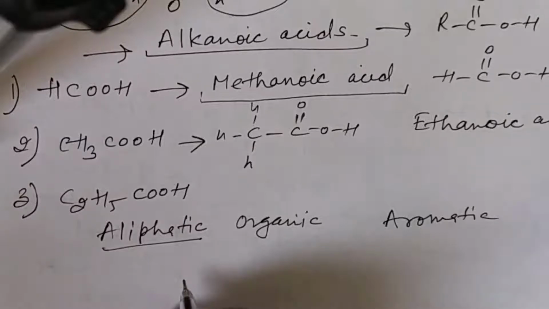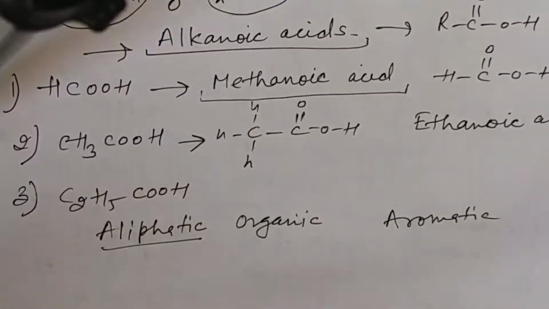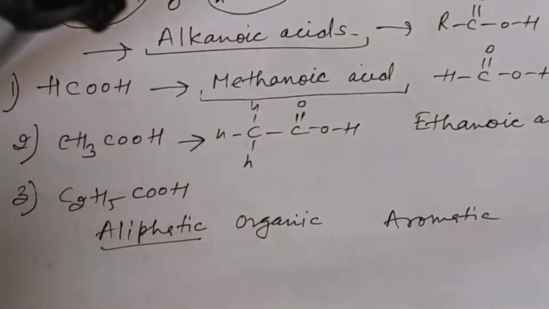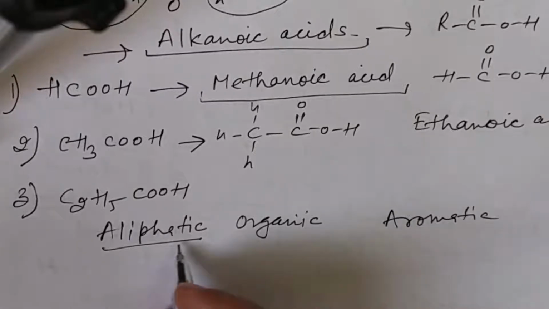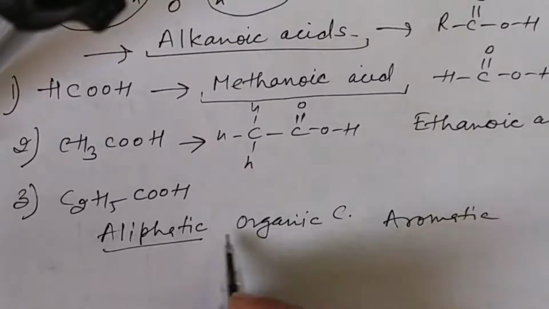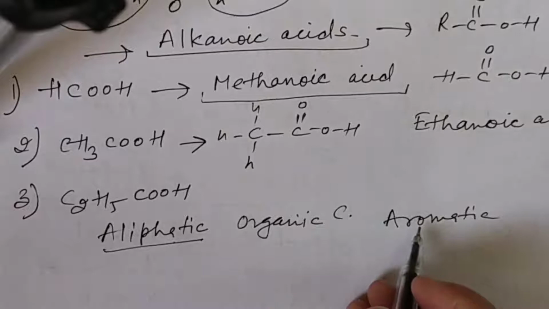Okay, in an aliphatic organic compound there is a straight chain of carbon atoms. But aliphatic compounds can further be divided into many parts.